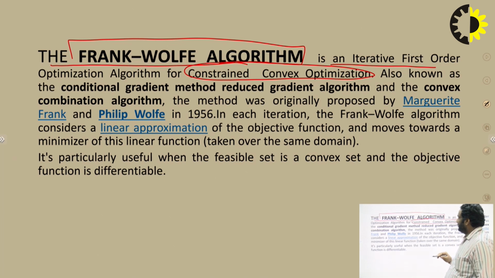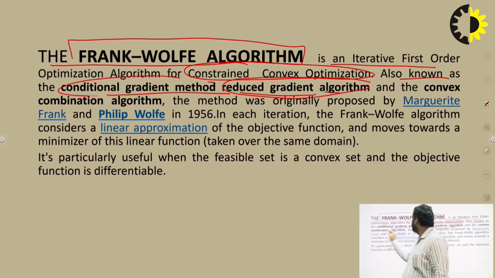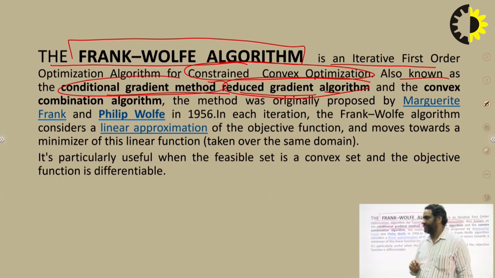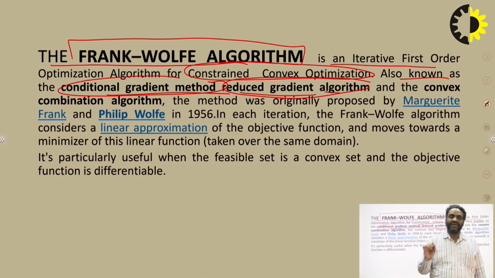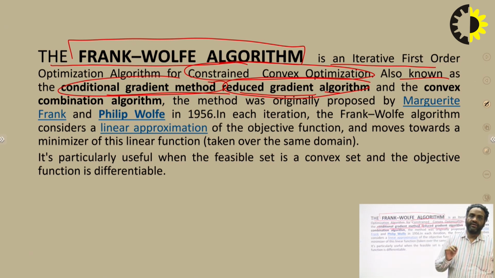It is also known as the conditional gradient method, reduced gradient algorithm, and the convex combination algorithm. All three names suggest that it is an updation, or we can say an enhancement, of gradient descent.